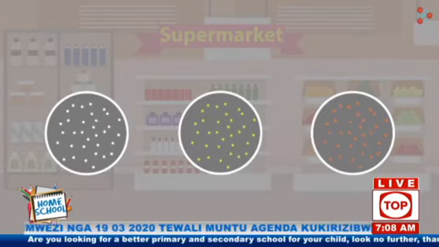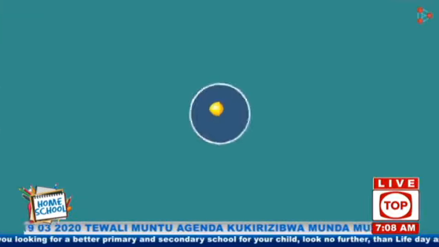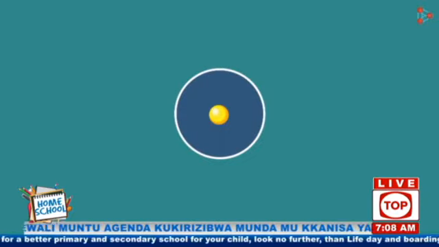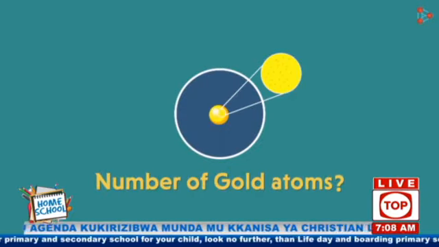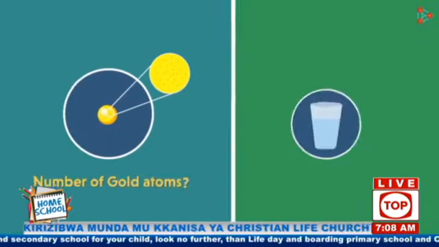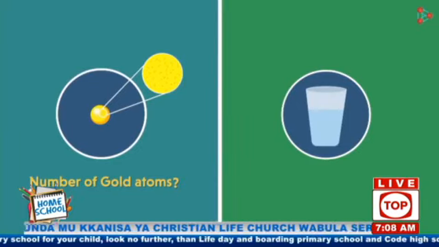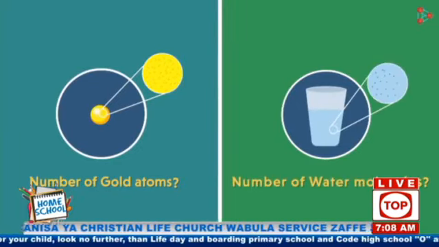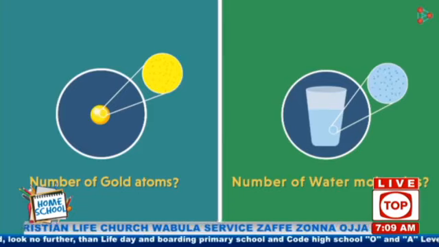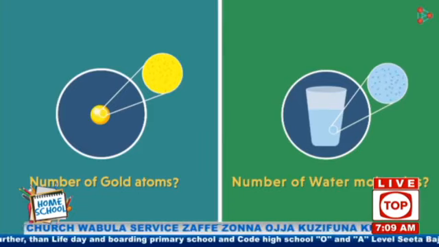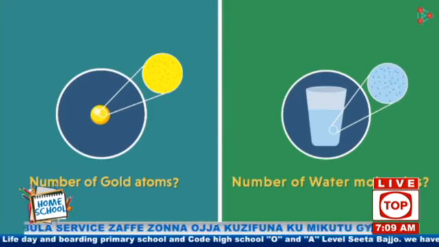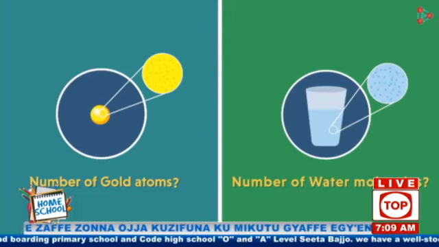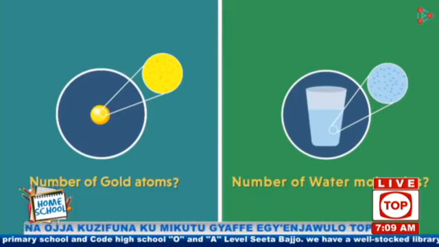Let me explain this in detail. Looking at this pure gold, can you tell me how many gold atoms are present in this? Or wait, looking at this glass of water, can you tell me how many water molecules are present in it? You will probably say that it's practically impossible to calculate the number of atoms or molecules in these examples. But astonishingly, chemistry has an answer to this as well.